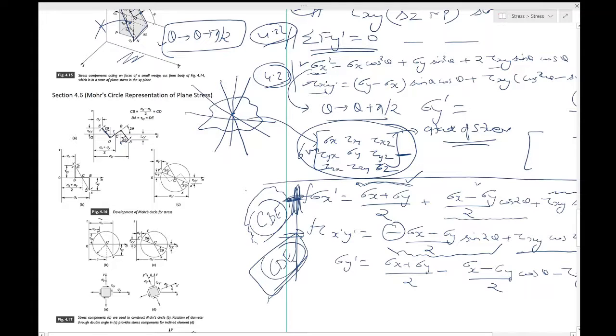The shear stress tau xy is represented by the downward ordinate of point A, this one, and the upward ordinate of E, because you have to only trace the points A and E. The ordinate of E was tau x dash y dash, and it still remains the same.